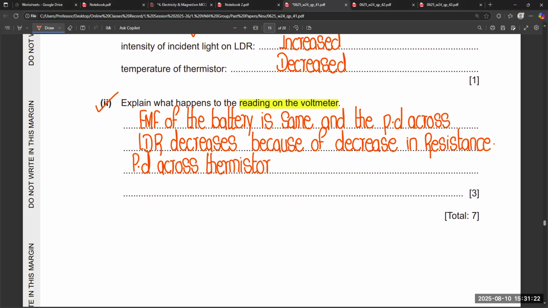So this is the process. Now the potential difference across the thermistor increases.